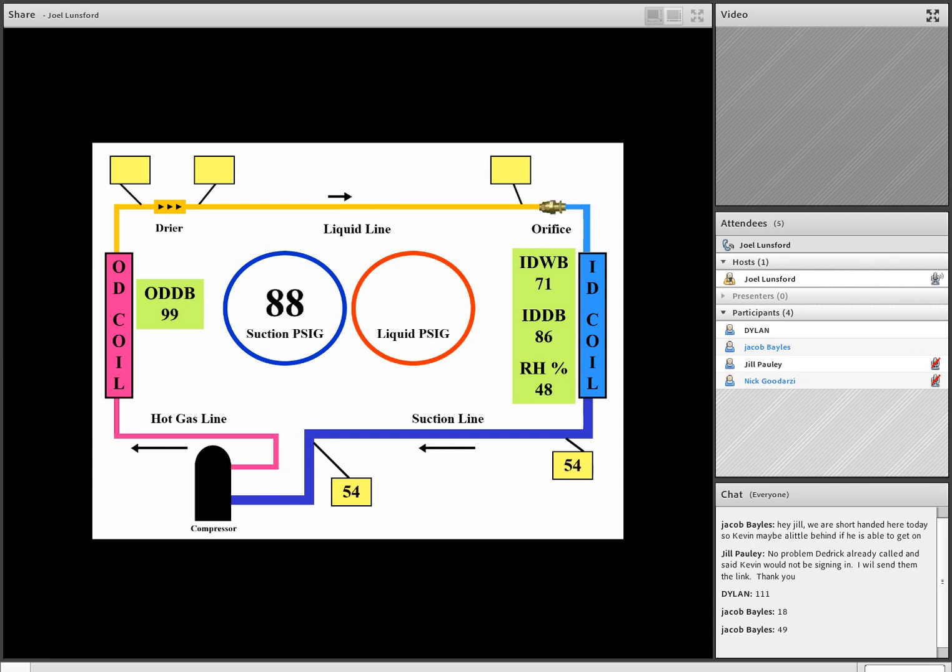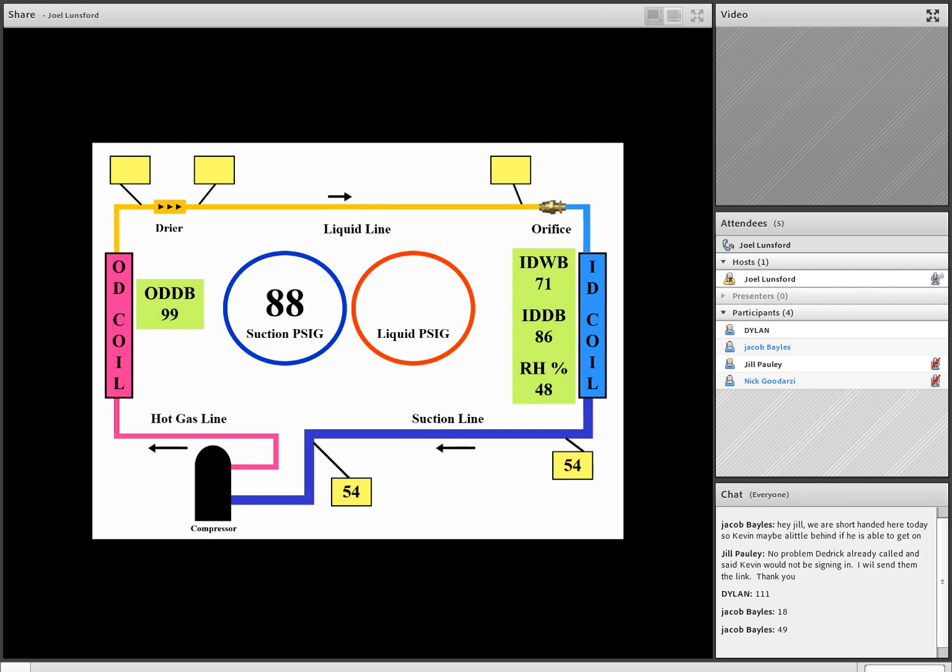In our next example, we see that we have an R22 system, but this time we have an orifice or a piston type of metering device on the indoor coil. So before we determine if our superheat is high or low or normal at this point, because we have an orifice, we have to look at our superheat chart first. So let's do that. We see that we have an indoor wet bulb temperature of 71 degrees.